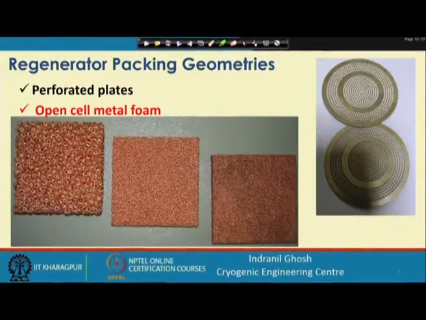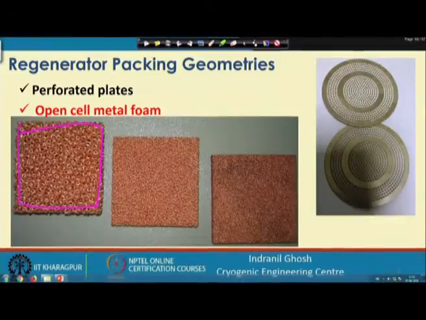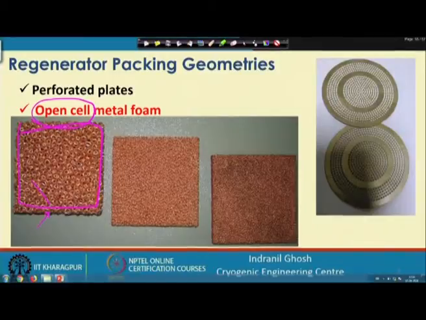This is often called metal sponge, and it is basically open porous, or it can also be closed cell. For regenerative applications, the open cells are used, and they have different kinds of porosity and pore density.